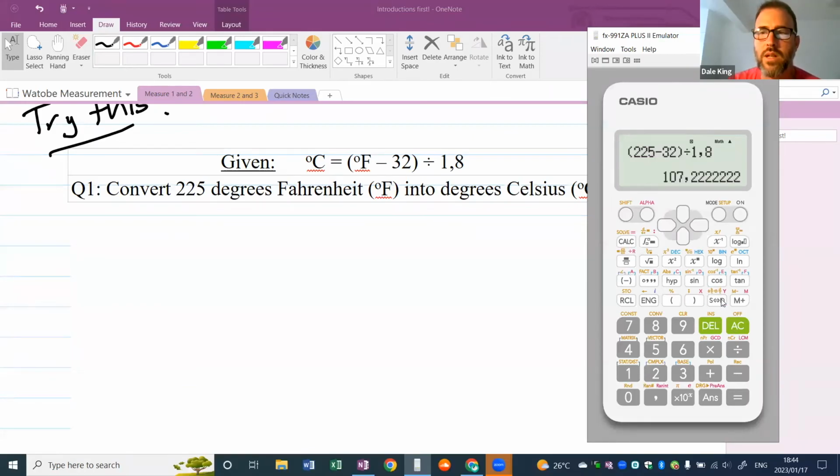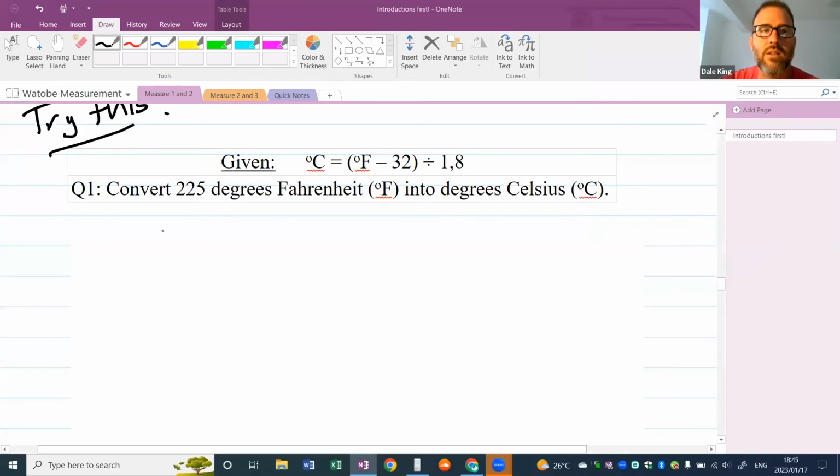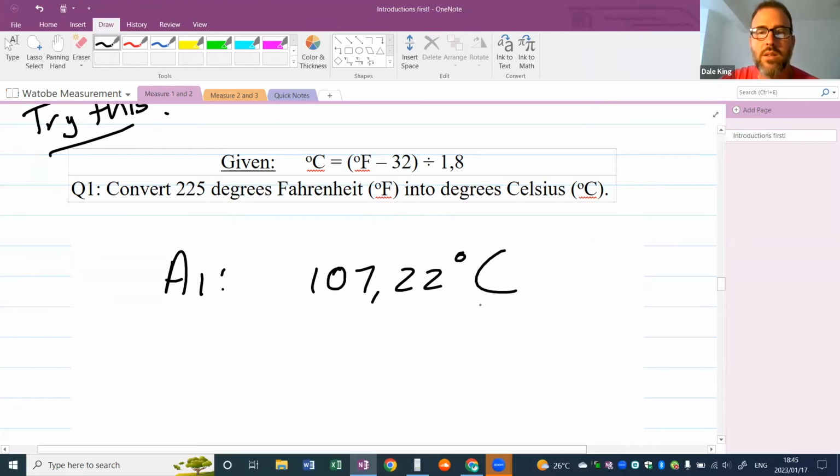All right. Okay, quite a long decimal. It's a recurring decimal. We want 2 decimal places. The second decimal is a 2. The number to the right of it is smaller than 5, so it's not going to change it. So it's correct. Well done, guys. I'm not going to do the calculation. I'm just going to write the answer here. 107.22 degrees Celsius. Don't forget the units.